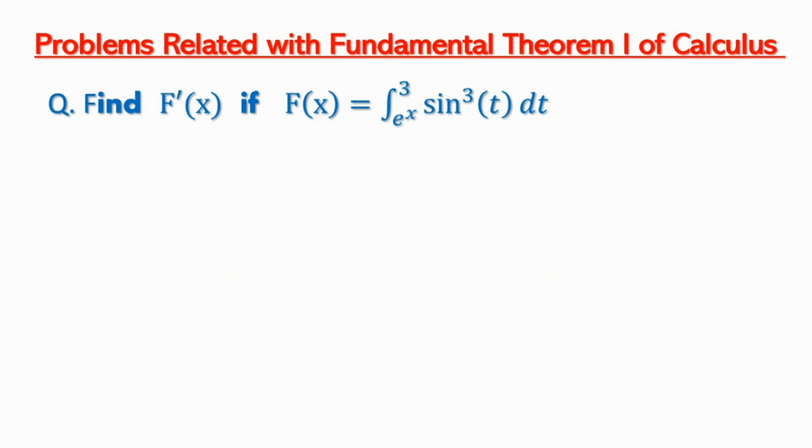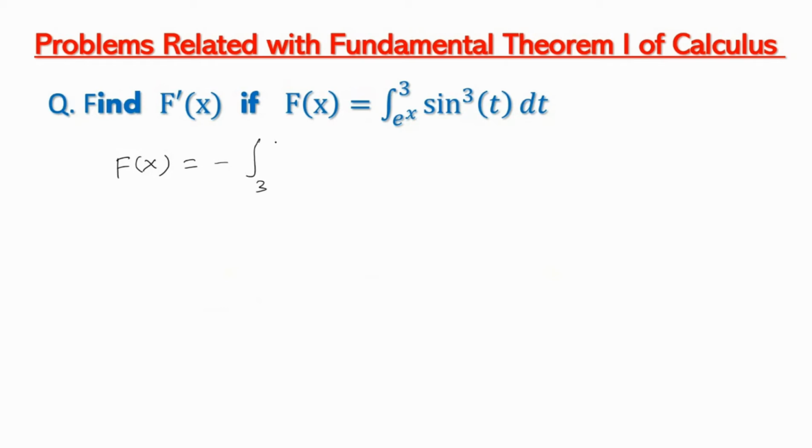Now we have another problem where the upper limit is constant and the lower limit is a function of x. In this case, before taking the derivative, we need to rewrite it, because in our standard form the lower limit must be constant and the upper limit must be the variable or a function of the variable.